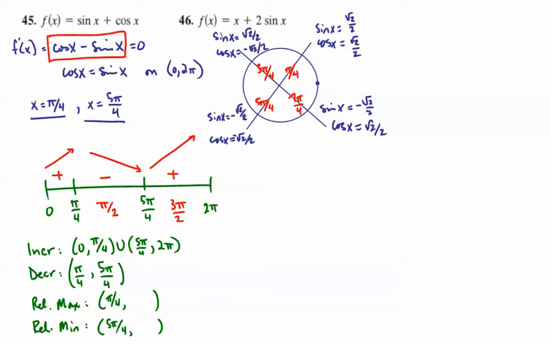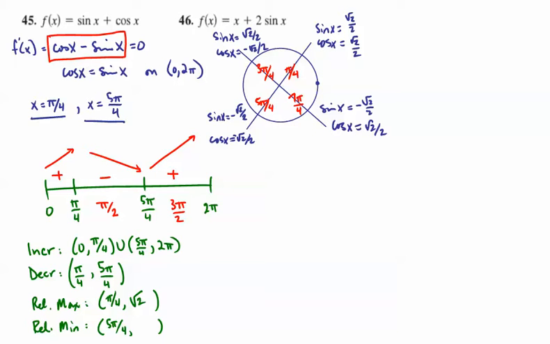And let's see what the y values would be with that. At pi over 4, we go back to our original function. At x equals pi over 4, sine of pi over 4 is root 2 over 2. Cosine of pi over 4 is root 2 over 2. So we would have 2 times root 2 over 2. That's just square root of 2.